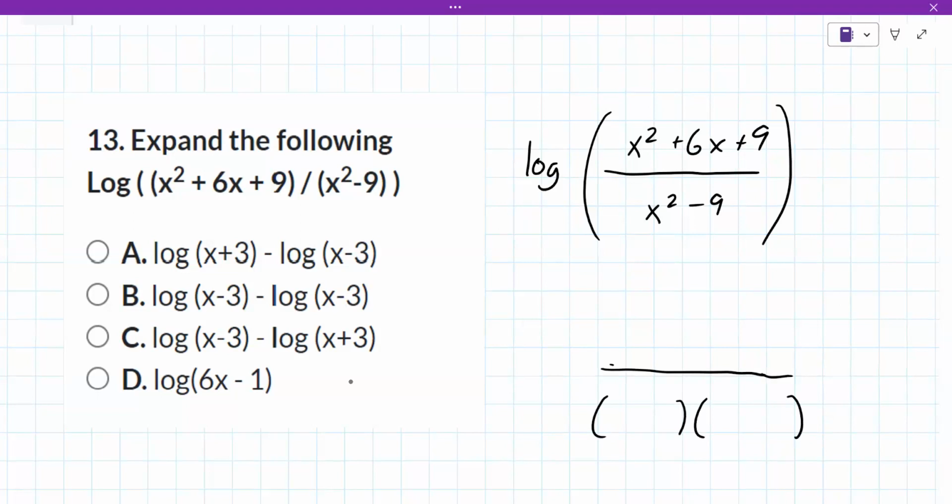Do you remember what to write for the bottom? X plus 3 and x minus 3. Very good. Now on the top, you're looking for two numbers that multiply to the last number, positive 9, but add to the middle number, positive 6.